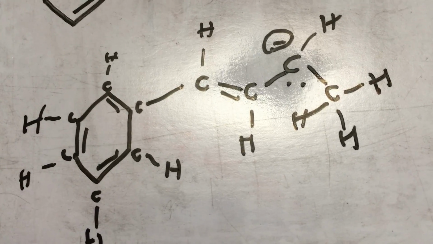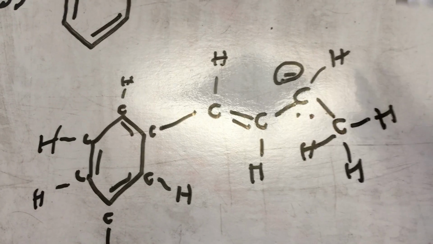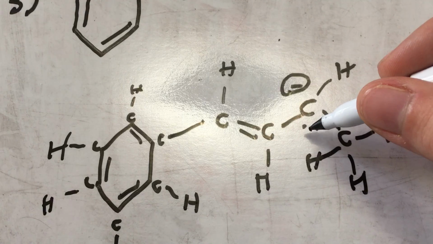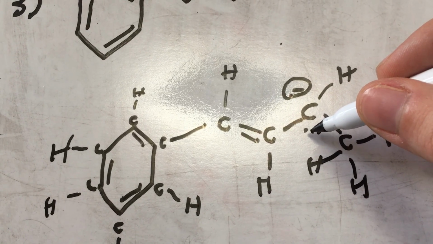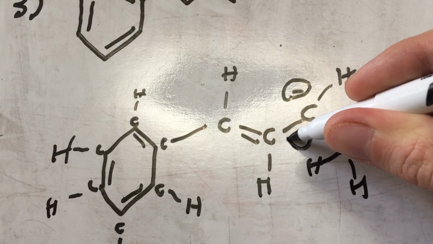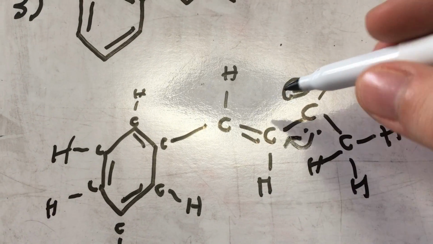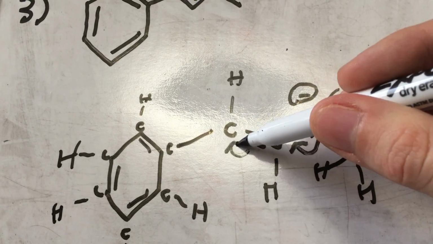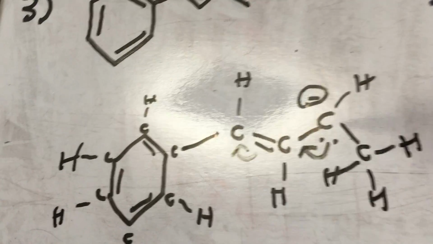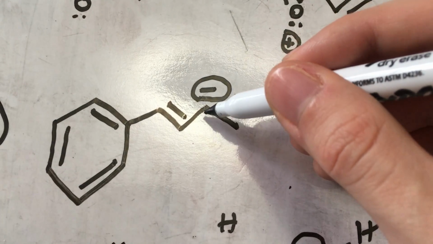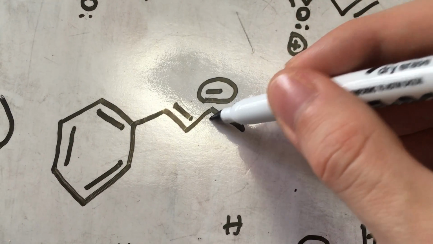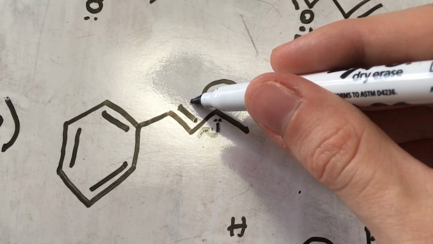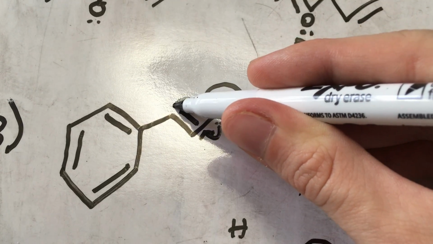So what can we do? Well, we can transfer the charge over to another part of the molecule. And we can do that by putting these electrons over here, and then transferring this double bond over to this carbon. So let's do that here. We move this charge with those electrons over here, and then these go to this carbon.